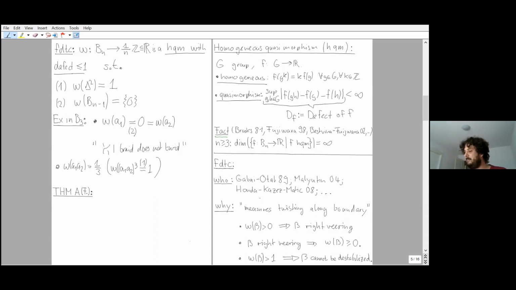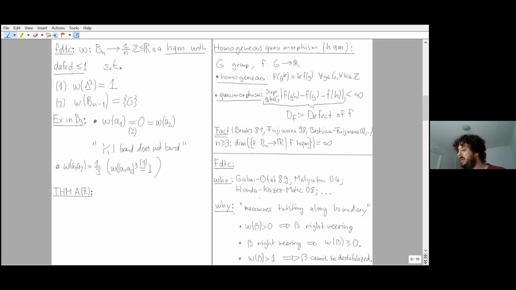And maybe a little bit of background. This was, I guess, first studied by Gabai and Oertel. Malyutin is really the first who wrote it up for braids in a way that I use it, and there's some famous connection to contact geometry worked out by Honda, Kazez, and Matić.